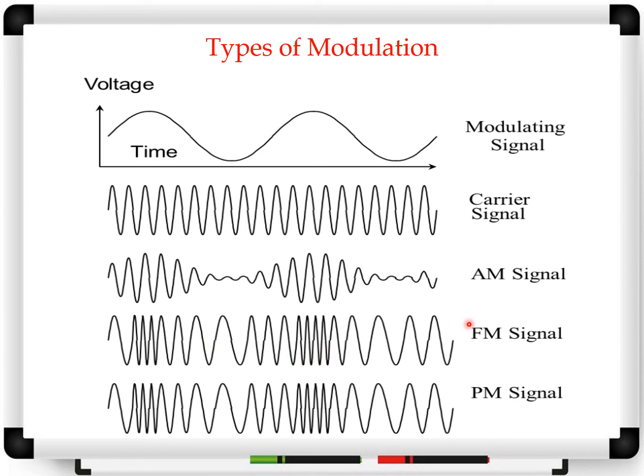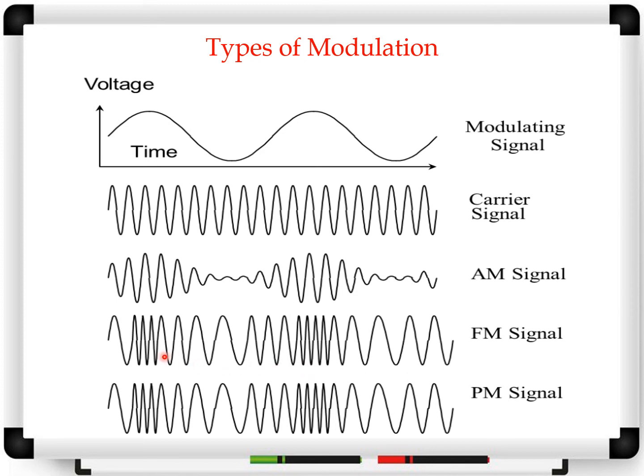Now second, FM. If you carefully observe, in FM there is change in frequency. So wherever the amplitude of the modulating signal is maximum, the frequency of the FM signal is maximum, and wherever the amplitude of the modulating signal is low, the frequency of the FM signal is low. So based on the instantaneous amplitude of the modulating signal, there is increase and decrease in the frequency of this carrier signal, and such a resulting signal is called an FM signal.